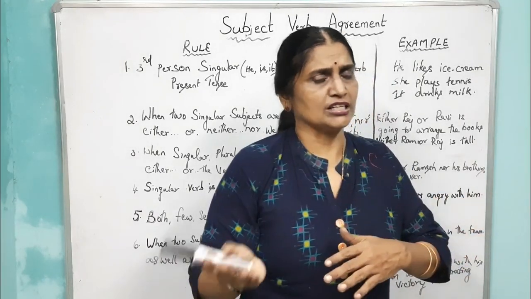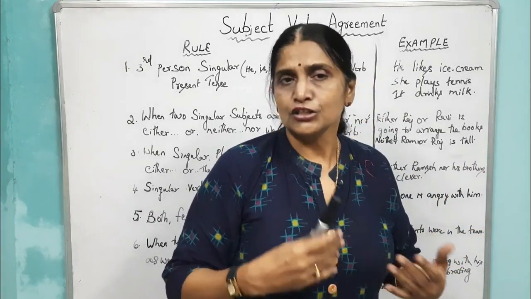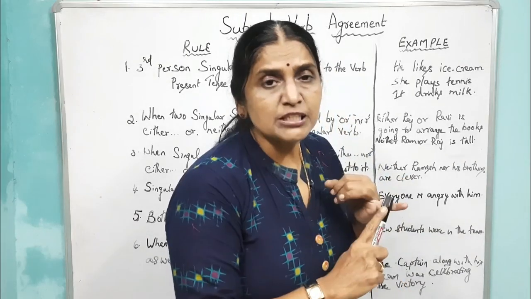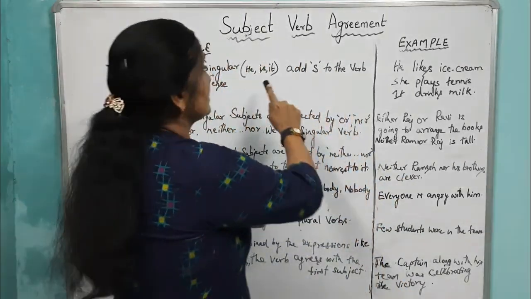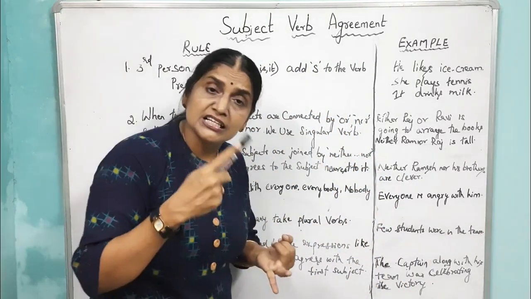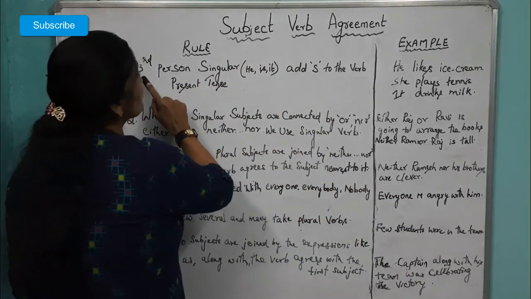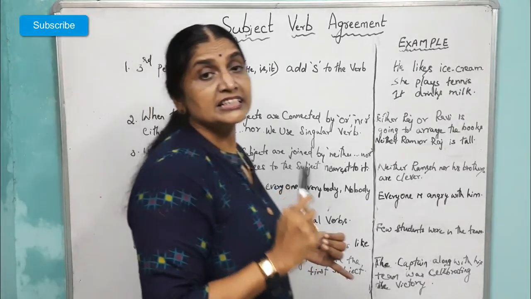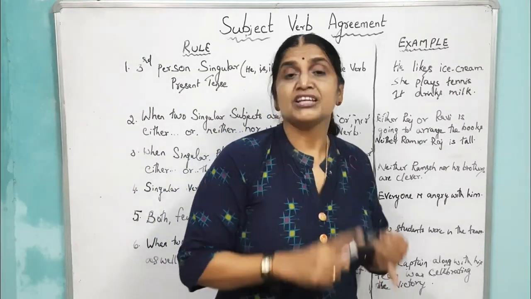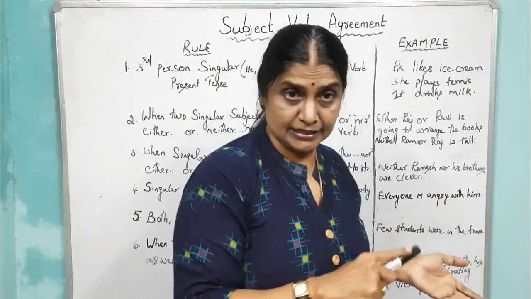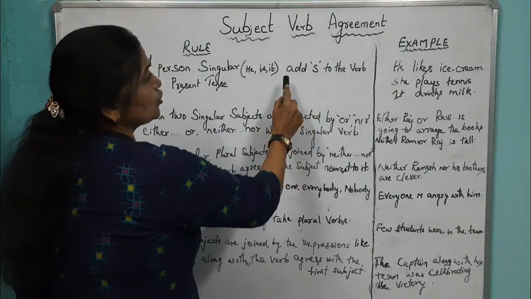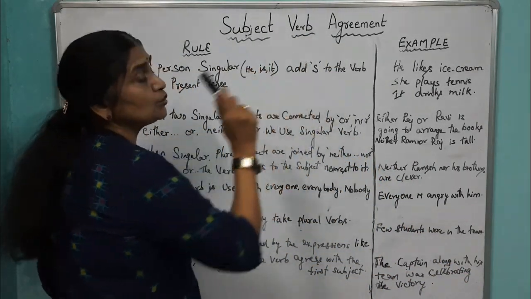Then you have plurals, which we are not interested to discuss now. For the first person I, and the second person you, we don't have any problem. But when it comes to the third person singular, he, she, it, in the present tense, you have to add s to the verb.